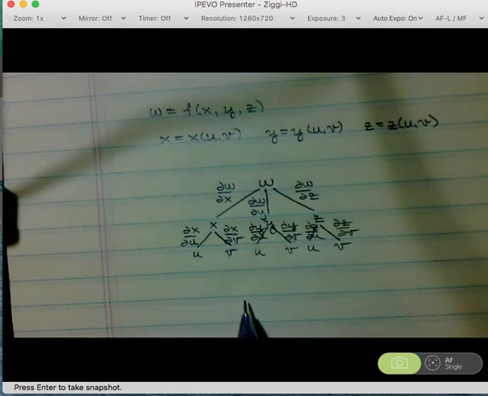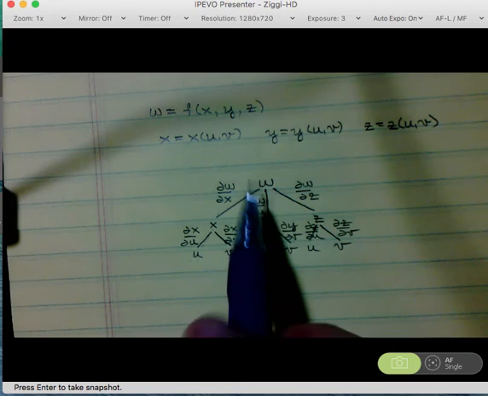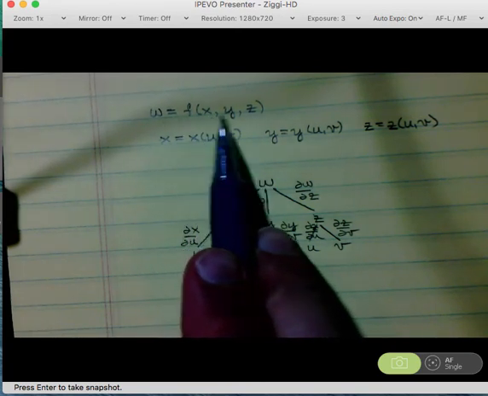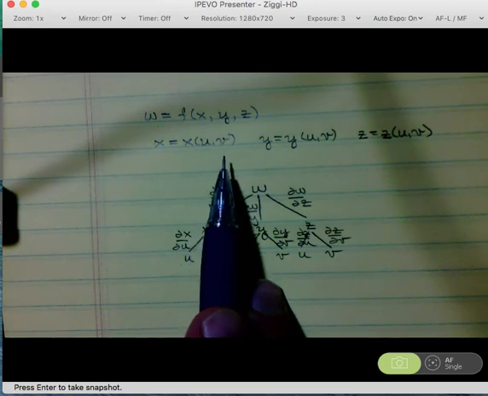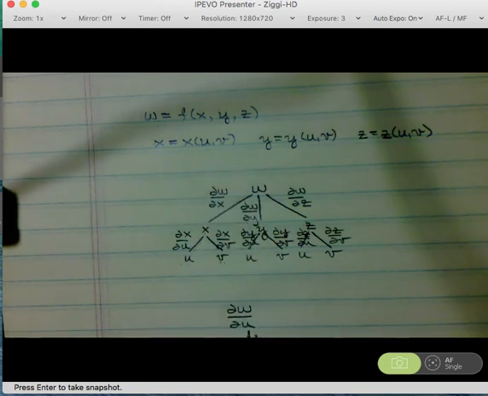If we're interested then in the partial of w with respect to u, indeed because w depends on x, y, and z, and since each of x, y, and z depend on u and v, ultimately w is dependent on u. If we want to find the partial of w with respect to u, what we need to do is follow each one of these branches down until we get to u.